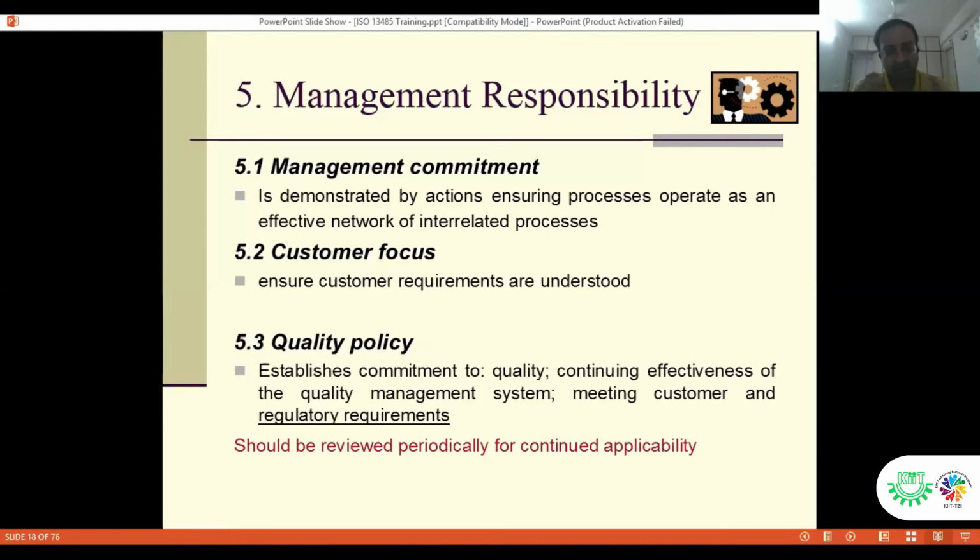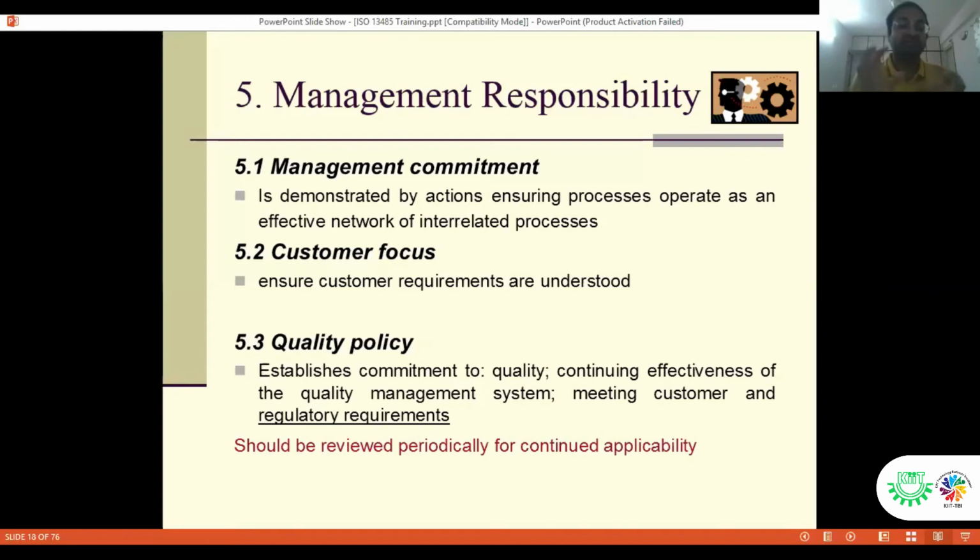In clause number 5, the important aspect is that you have to formulate a quality policy for your manufacturing facility or your system. Quality policy is one. The second important thing is quality objective, and quality objective should be measurable, and you should have some deadline to achieve it. What do you mean by quality objective?